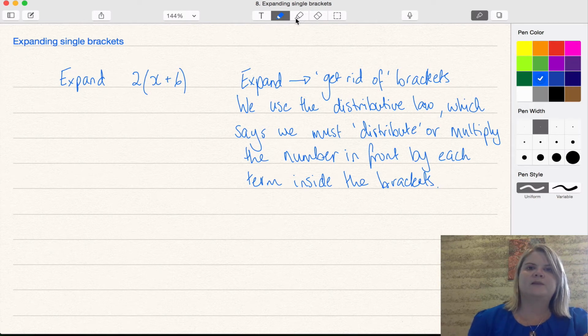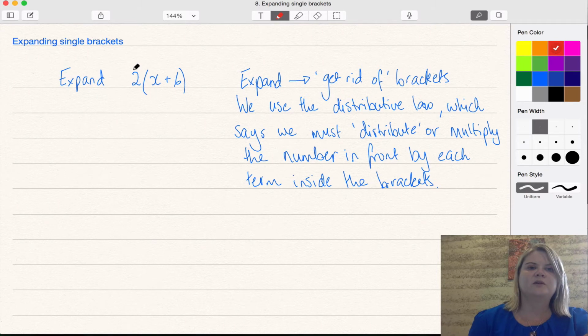So for this example, it means that we need to make sure we multiply the 2 by the x and then we multiply it by the 6.